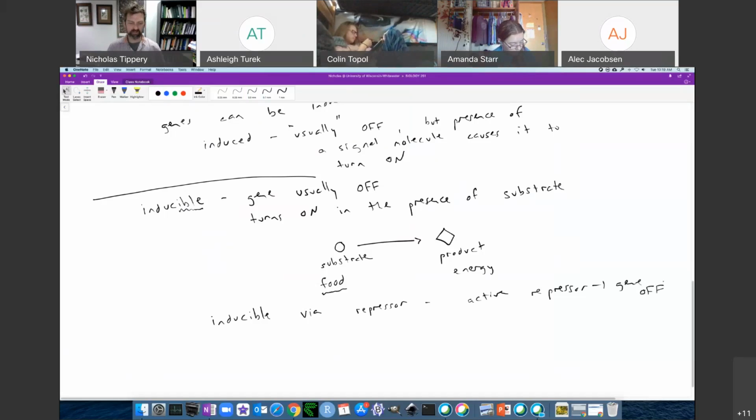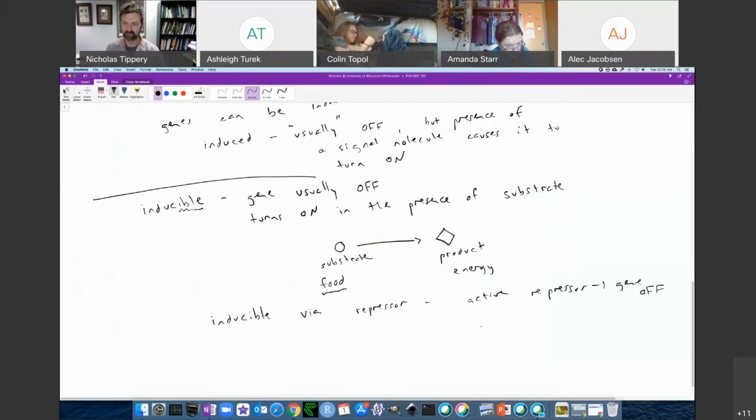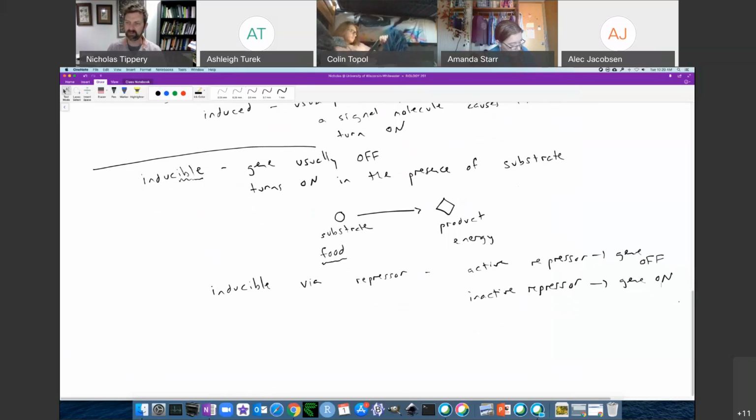If the repressor is active, able to repress, then it's able to attach to the DNA here and prevent transcription. And if the repressor is inactive, that allows the gene to be on. So if we prevent repressing, then the gene can turn on.